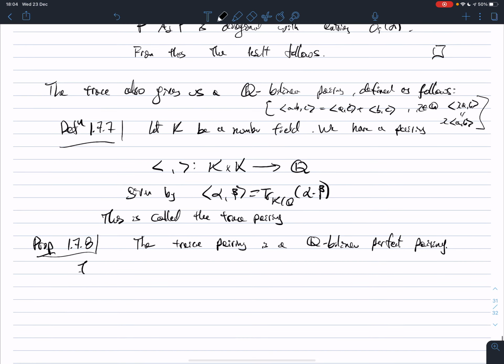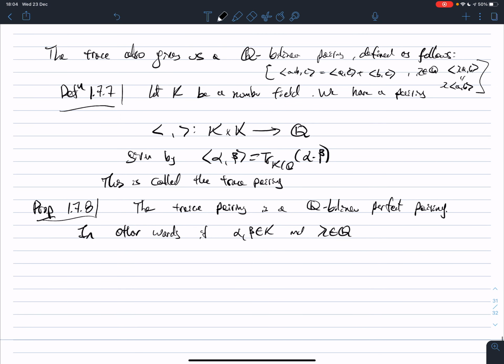In other words, what does perfect mean? If you have alpha and beta in K and lambda in Q, then, well, we've already said this, I already wrote this bit. So this is the same thing as lambda alpha, beta, same thing as alpha, lambda beta.